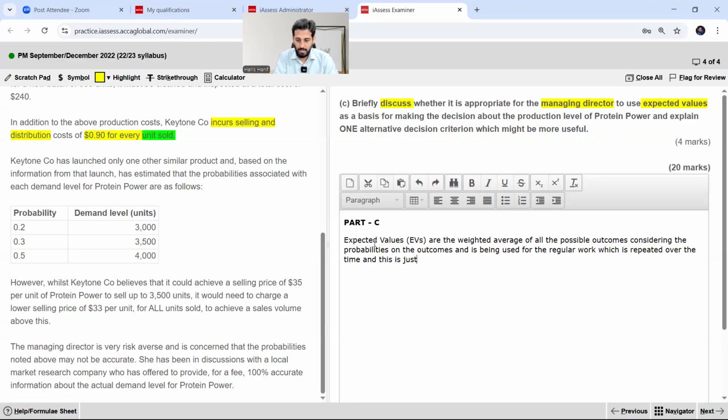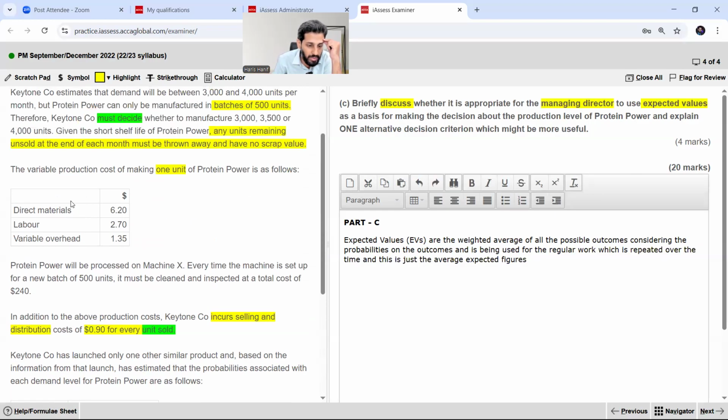This is just the average expected figure. But the point to be noted is that in order to apply the expected value decision making criteria, the work should be repeated and the attitude of the manager should be risk neutral.